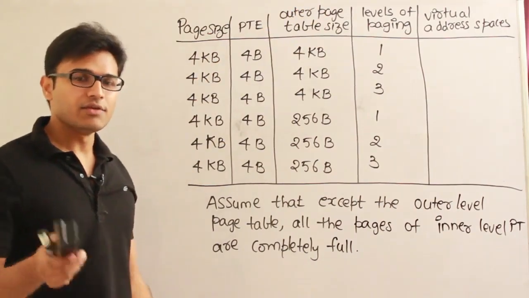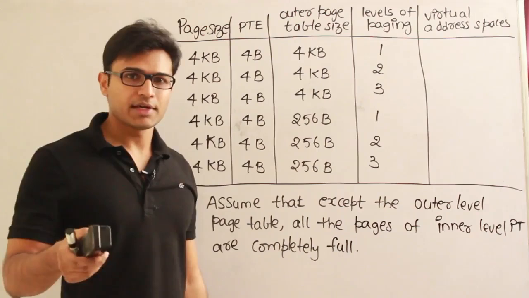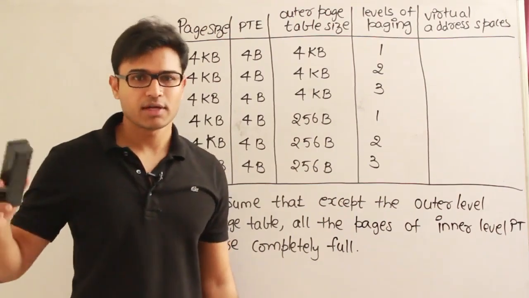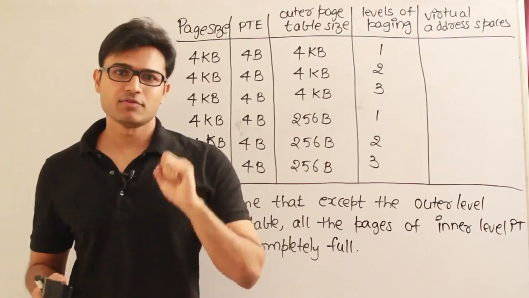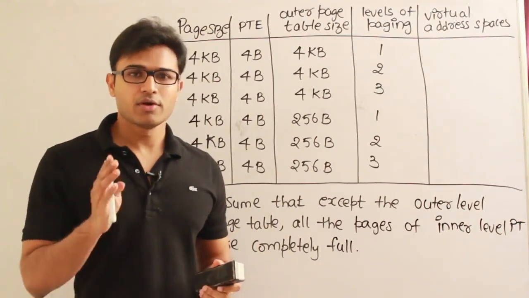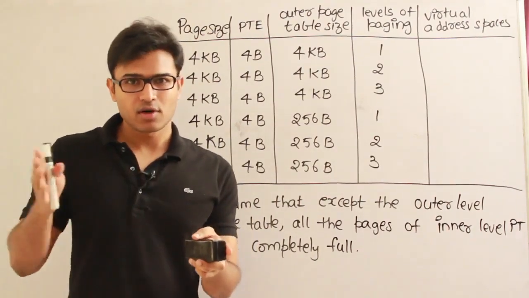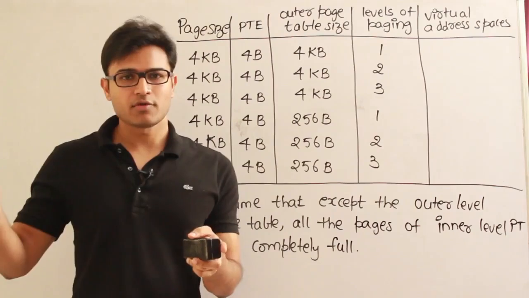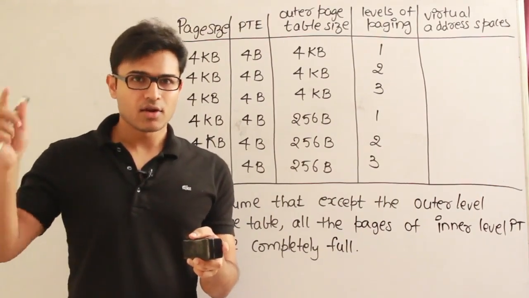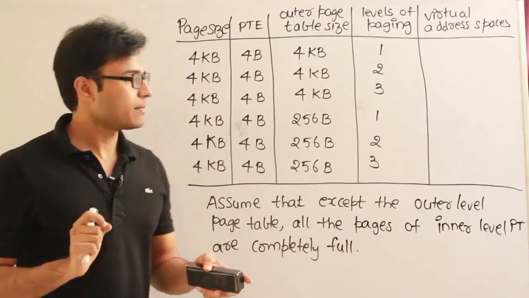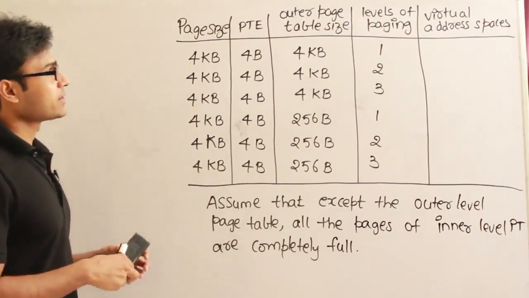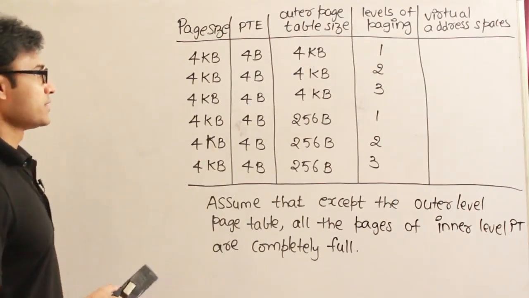The reason is, if it is greater than the page size, then we go for one more level, so that at least that level's page table will fit in one page. So the page tables will be broken into a number of levels until the last page table fits in one page. Remember that, okay?